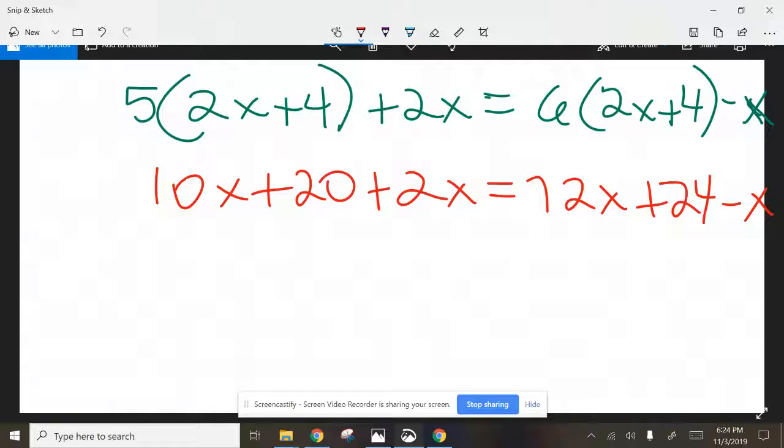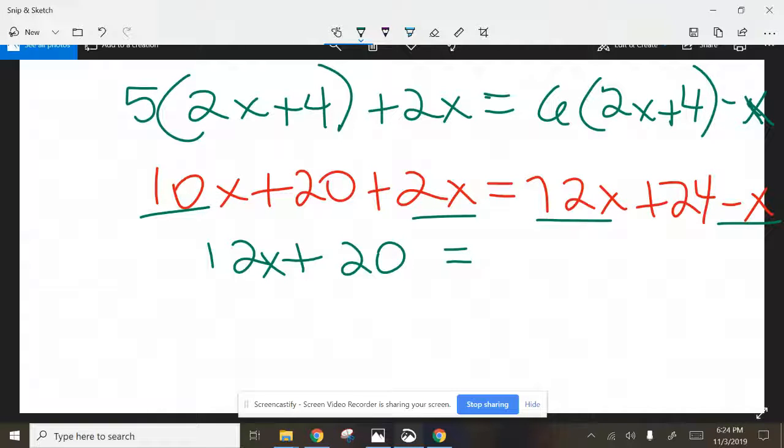All right. From here, I'm going to go ahead and combine like terms. I get 12x plus x plus 20 equals, hold up here. This is where I tried to mess with you. 12x and negative 1x is 11x. 12 minus 1 plus 24.